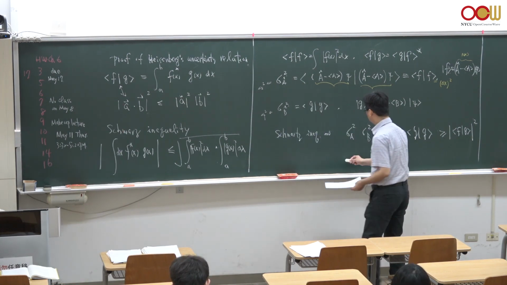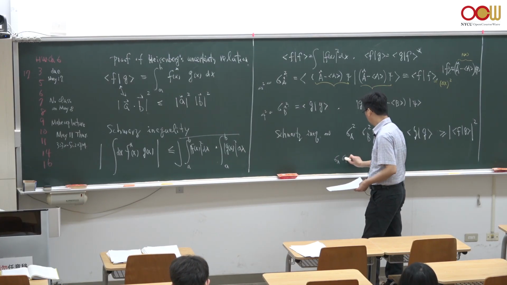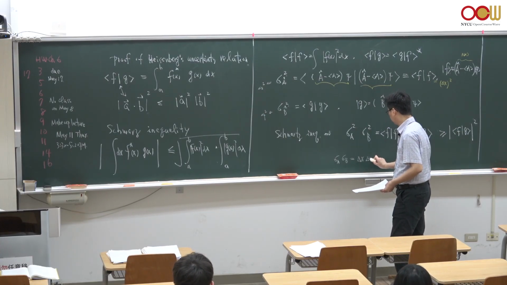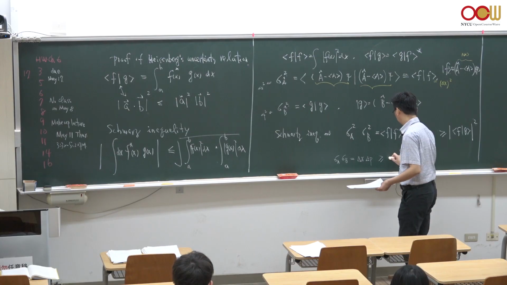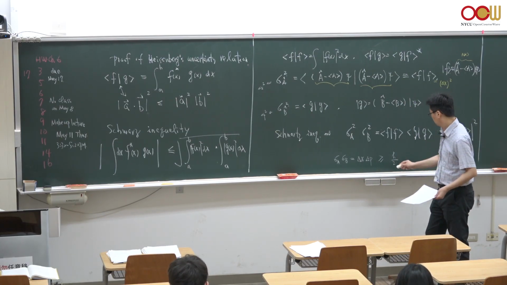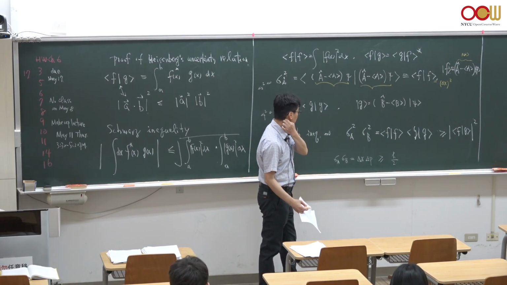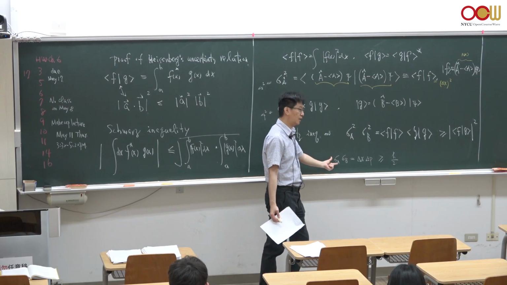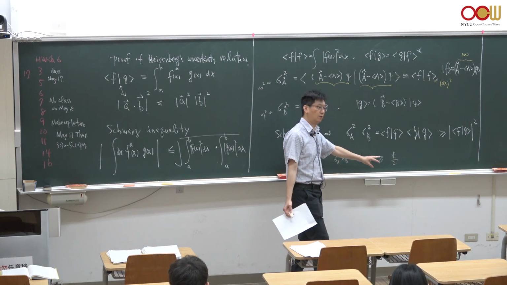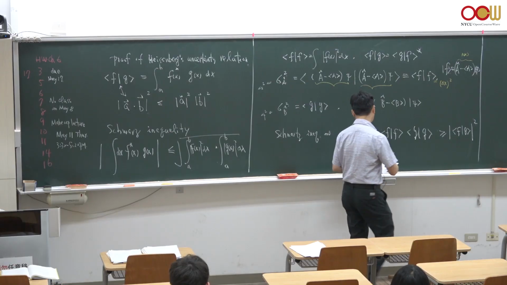We will see later that sigma A times sigma B, something like delta x times delta p, is greater than or equal to h bar over 2. So we will take advantage of the Schwarz inequality and see that the product of sigma A and sigma B is greater than or equal to some number, and this number is related to the commutator between A and B.